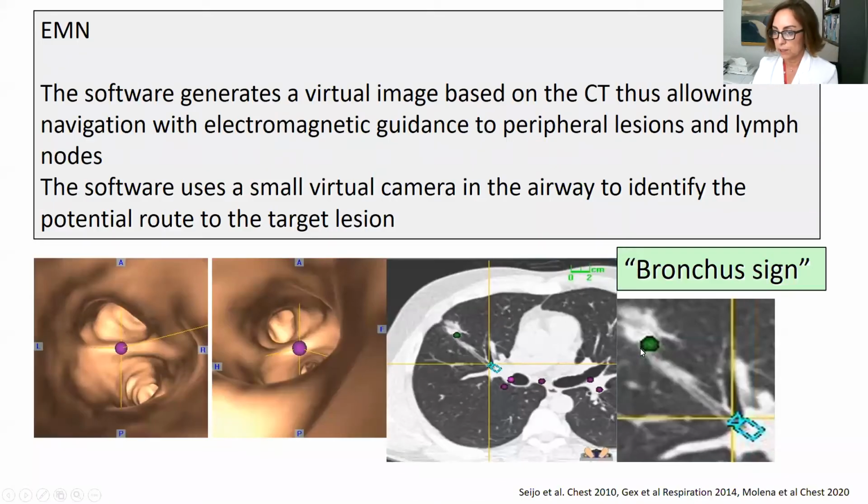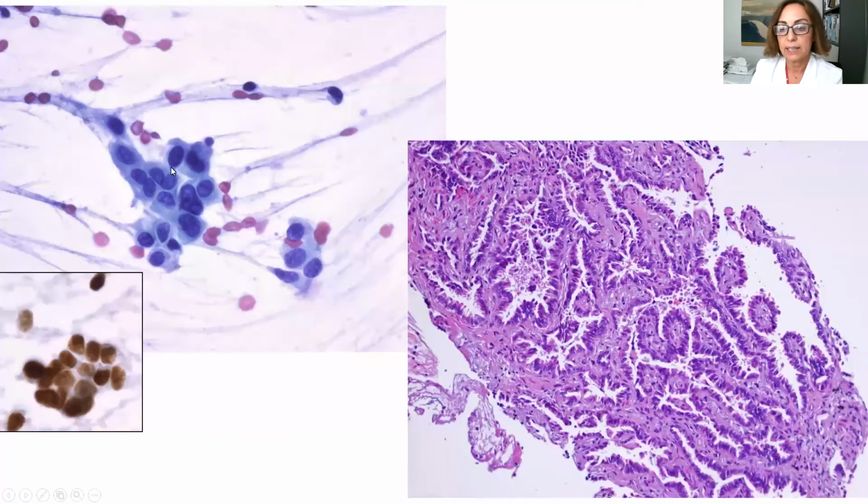This is a nodule in a 79-year-old female who was a passive smoker. And here is the cytology and the biopsy.